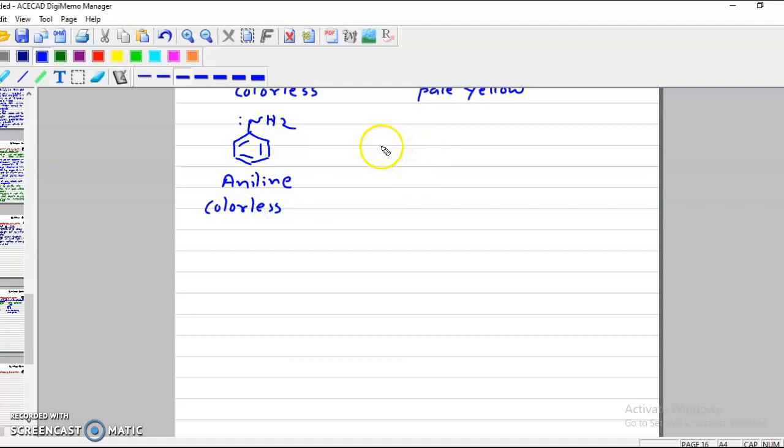But when you form an azo dye from aniline by chemical reaction with beta-naphthol in presence of NaNO2 solution, then it will form this azo dye and it shows orange-red color.